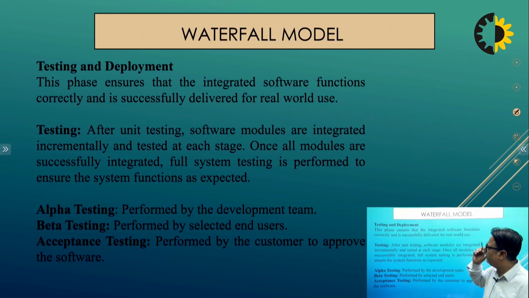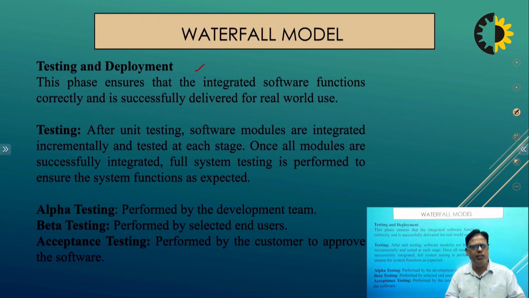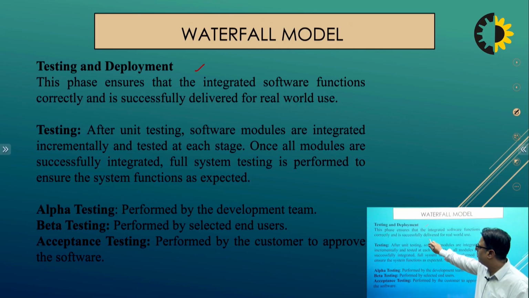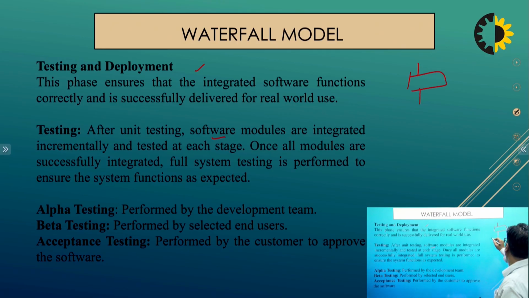Now the next phase is testing and deployment. This phase ensures that the integrated software functions correctly and is successfully delivered to the real-world environment. After unit testing, software modules are integrated. If we have two or three modules, this is module 1, this is module 2 and so on.